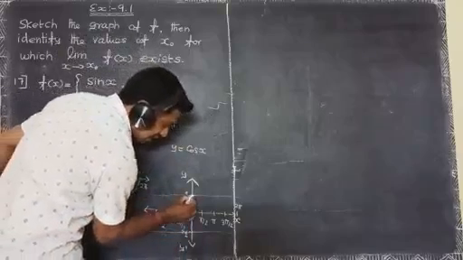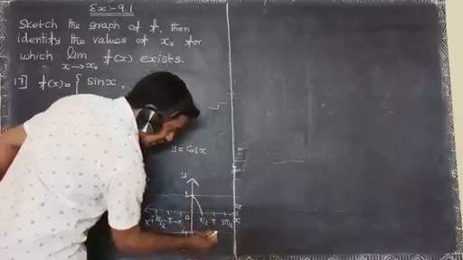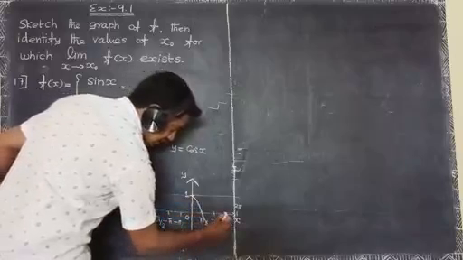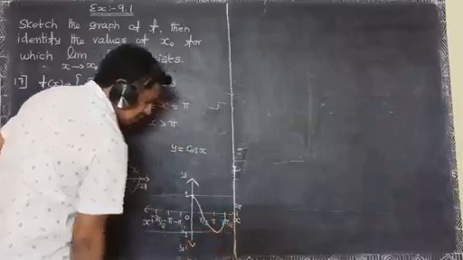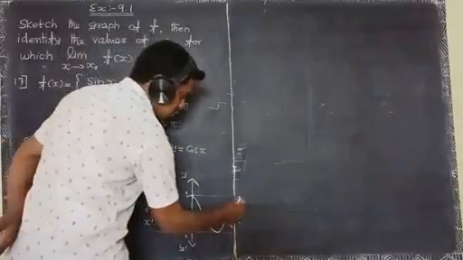Cos 0 is 1, cos pi by 2 is 0, cos pi is minus 1, cos 3 pi by 2 is 0, cos 2 pi is plus 1.